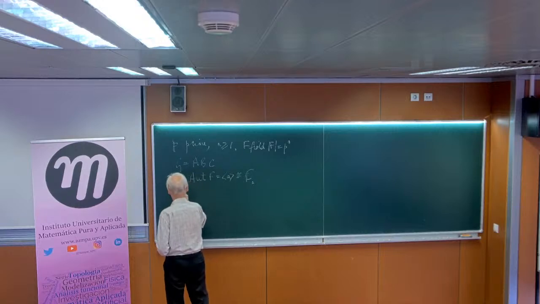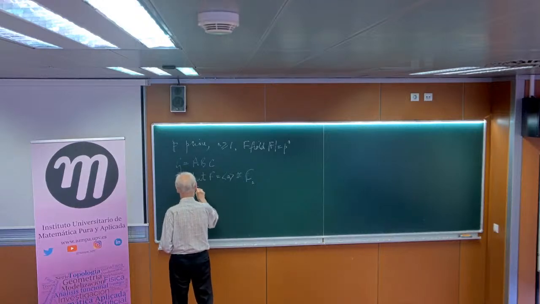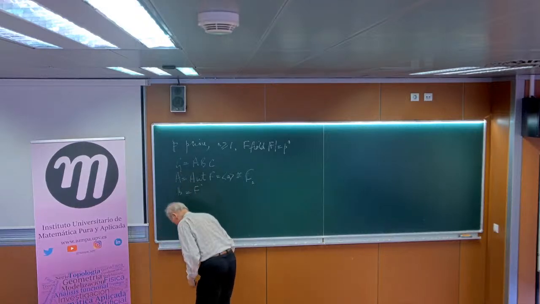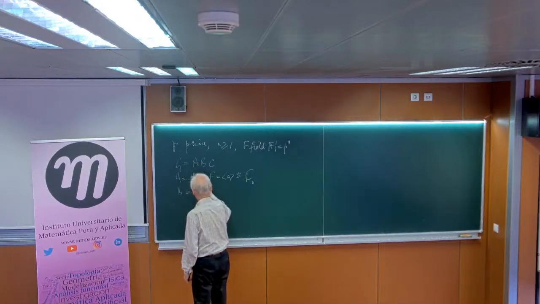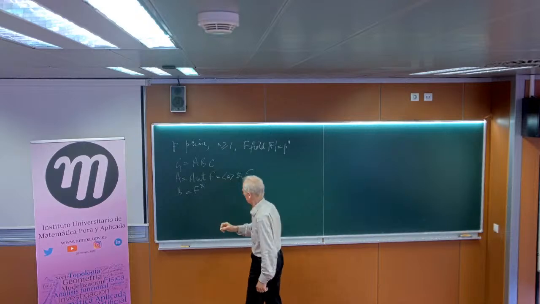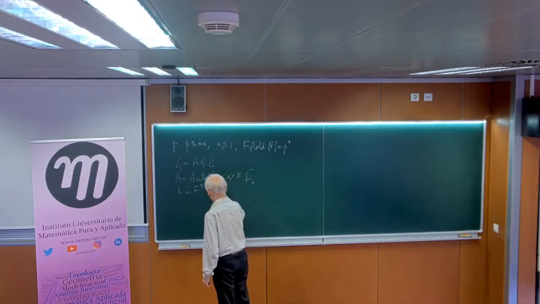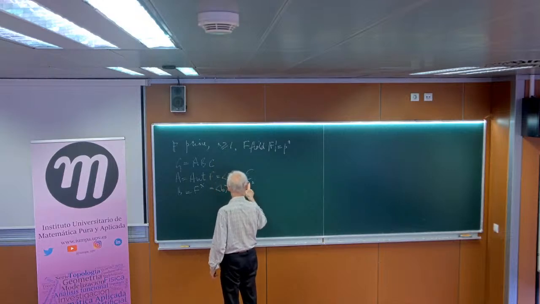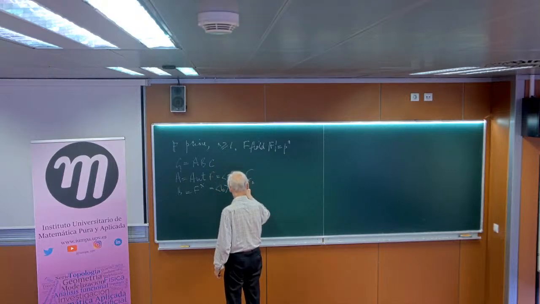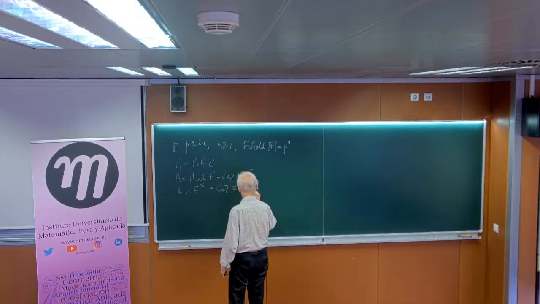And B is the multiplicative group of the field, which is also cyclic of order p to the n minus 1.